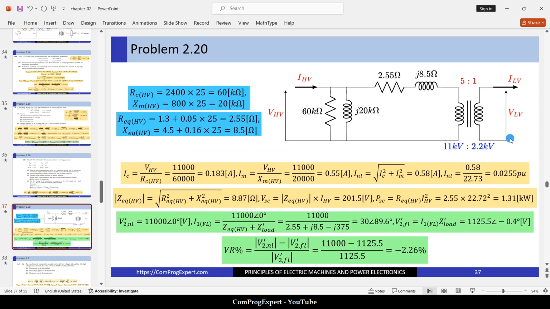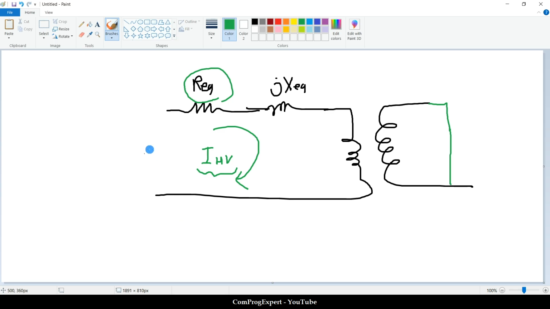So we have the short circuit here. We can map the rated current. The rated current for the high voltage side is IHV. If you replace the numbers, this will be the value of the short circuit voltage that we need to apply. This is the V short circuit that we apply to have this rated current for the primary and this rated current for the secondary.